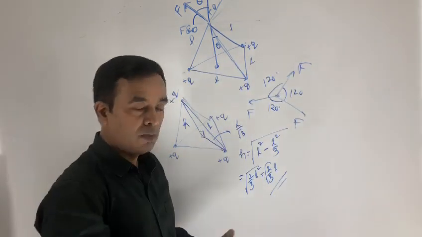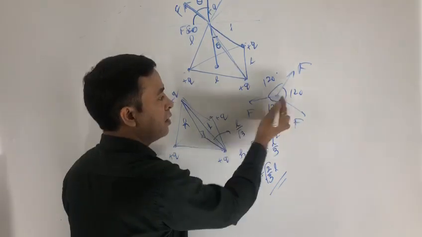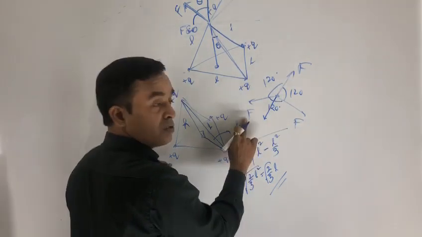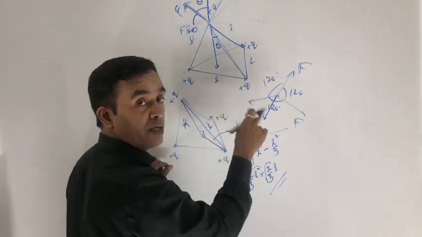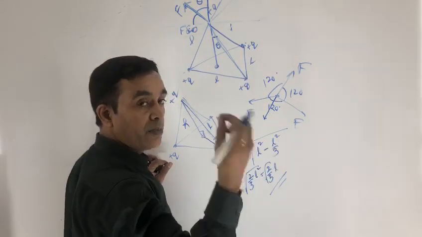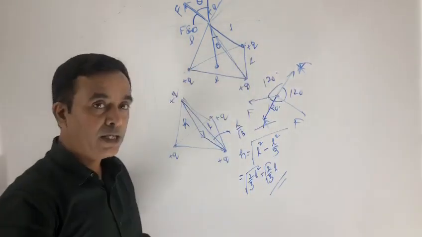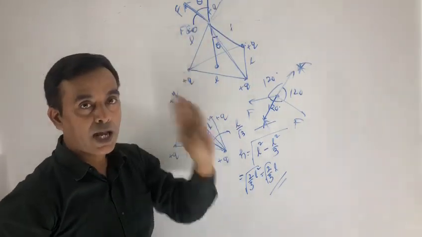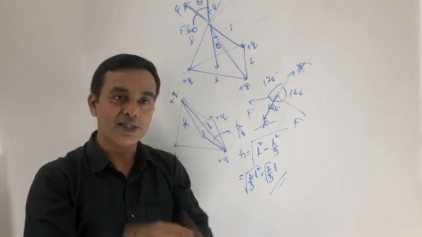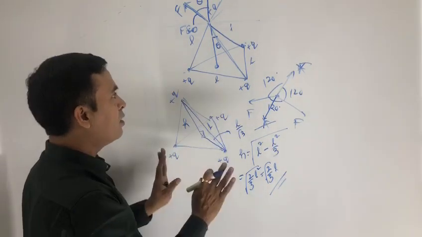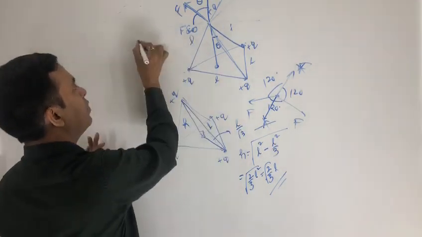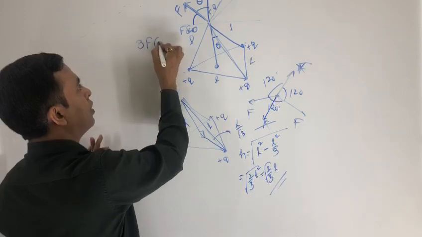If you apply the vector formula to add these, you get f square plus 2 f1 f2 cos 120, and cos 120 is minus 1 by 2, so it cancels. The vertical components add but the horizontal components cancel out, and directly I get the answer 3f cos theta.